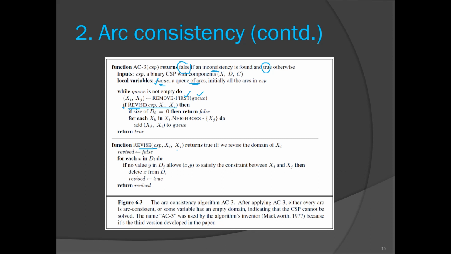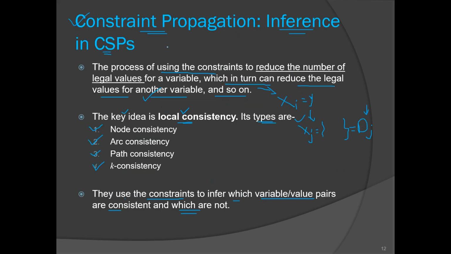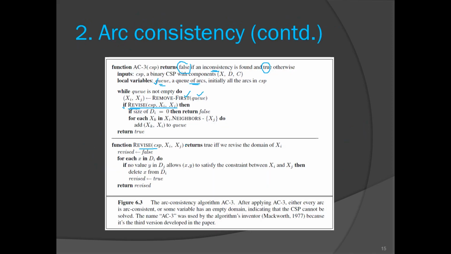In constraint propagation, what we are doing is reducing the domain of variables, right? If you have reduced the domain of xi, then revise will return true. When you delete some value, revise equals true and true will be returned.